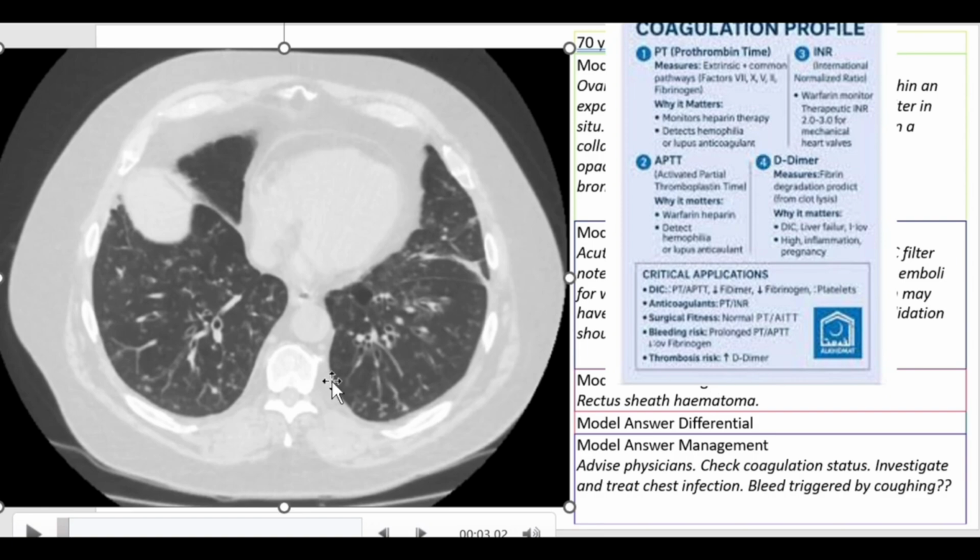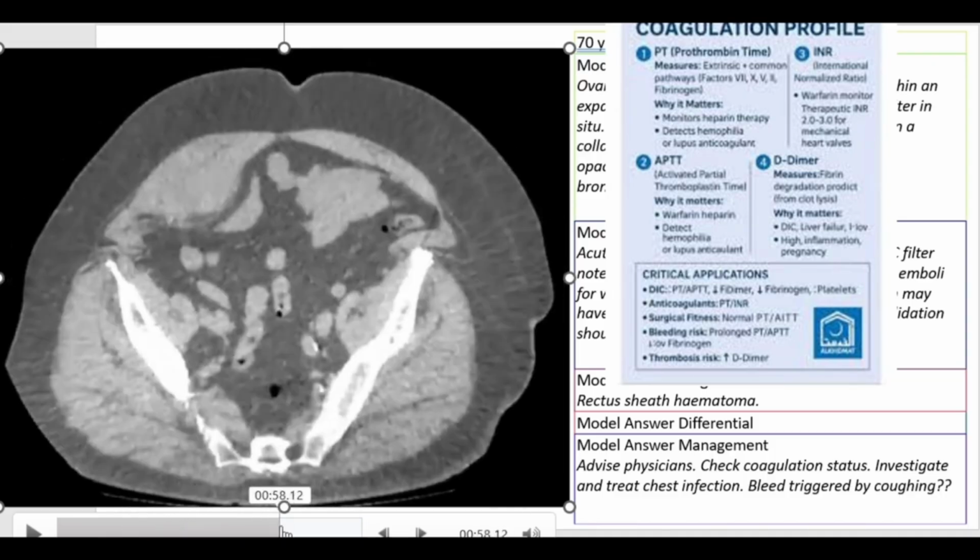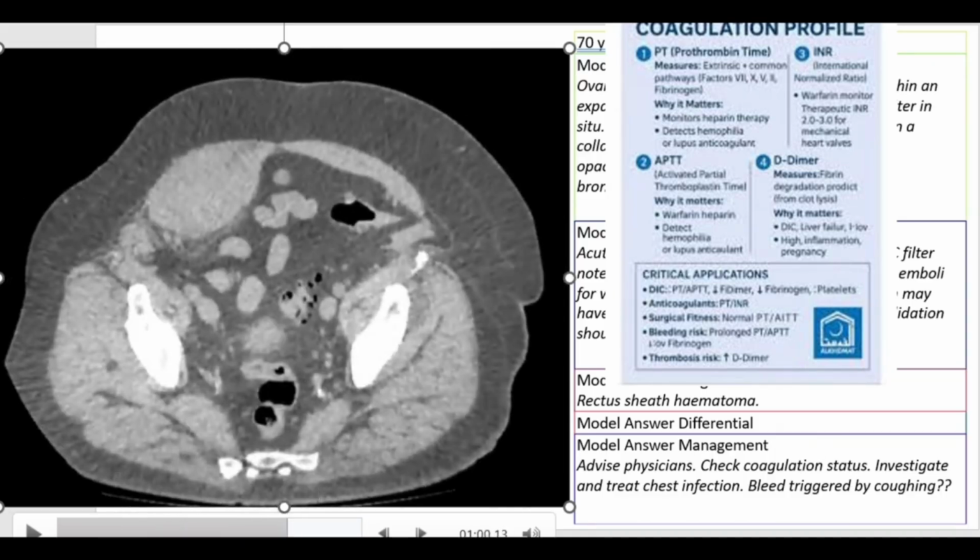Also, this patient needs to be referred to vascular as well as chest clinic. So this patient needs urgent chest clinic as well as vascular referral. That's it.